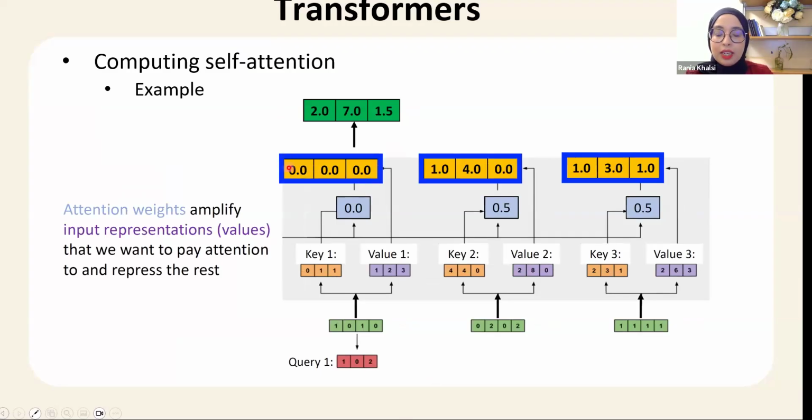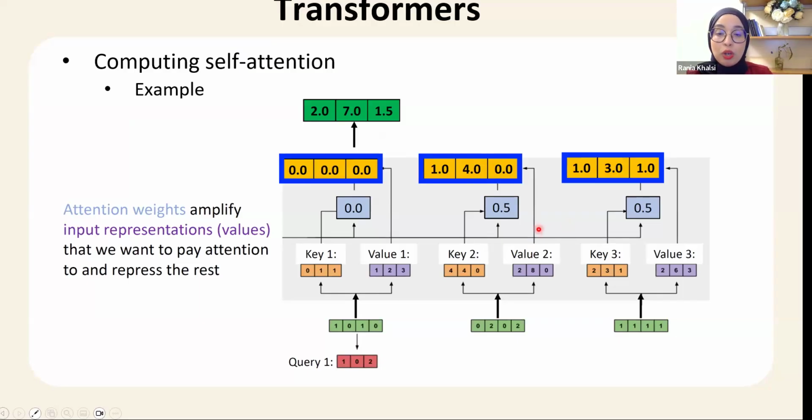So 0 here indicates no importance, okay? While, for example, 4 here, higher values, they represent stronger relevance. Here I have 1, so there is stronger relevance, okay? So these results at this level are easy to interpret. Some positions contain meaningful features, while others, like the first one, for example, contribute nothing.